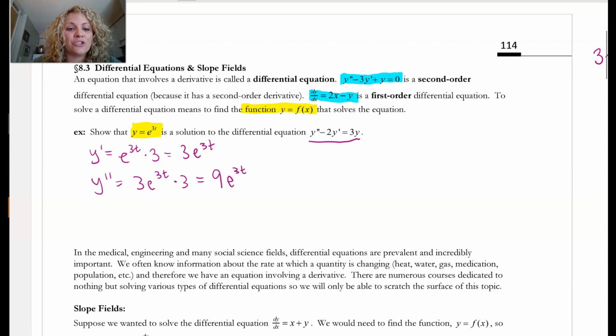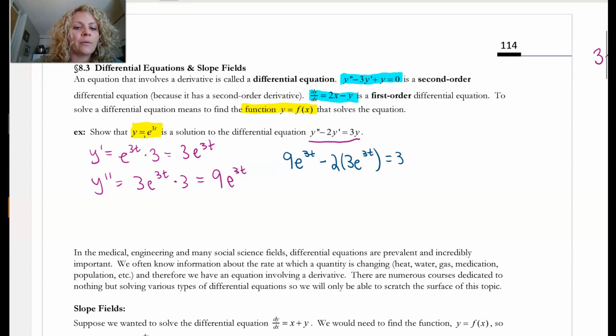To show that y equals e to the 3t is a solution to this differential equation, we can now plug each of those components into the differential equation and do some math. As we substitute those in, for y double prime, the second derivative, I'm going to substitute 9e to the 3t, and then minus 2 times the first derivative, so minus 2 times 3e to the 3t, and that equals 3 times y.